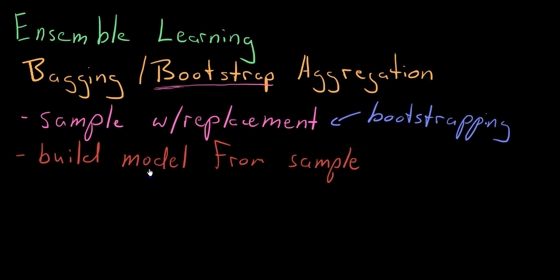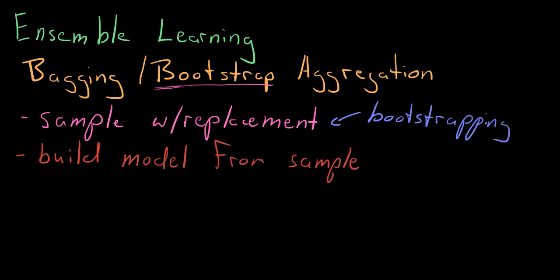Say I've got 100 records and my sample size is 30. I take 30 from all my available data points, and I build a model. Then I do that again and again. So I've got, say, 10 different models, and like I mentioned with cross-validation, we can just keep on sampling.